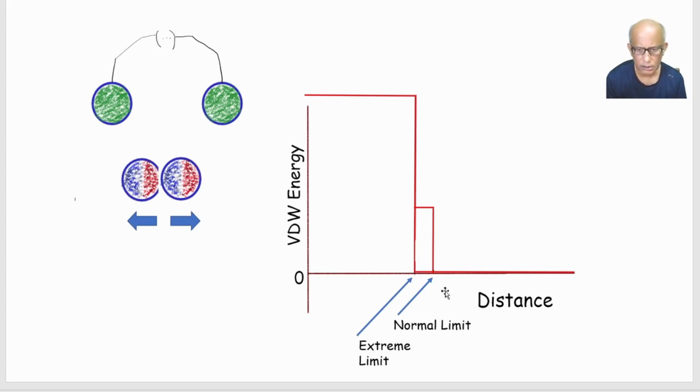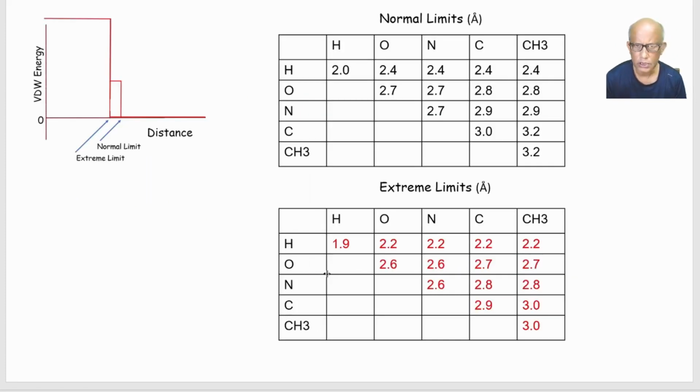Like that they derived these values of this normal limit and then this extreme limit. And this was done for different types of atom pairs, could be hydrogen and hydrogen, hydrogen and oxygen, and so forth, which are not in a bonding interaction.